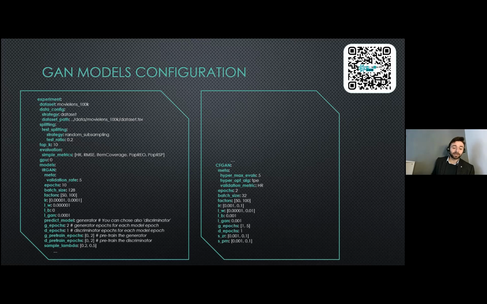The sample lambda is a parameter between 0 and 1 that is used during the sampling generation, which is a specification of IRGAN. At the same time, we have applied an analysis of CFGAN, and again here we have explored two numbers of factors. We have selected a learning rate in a double space.